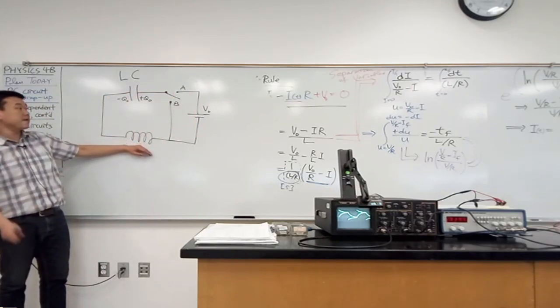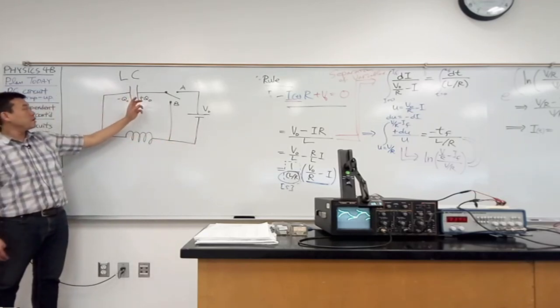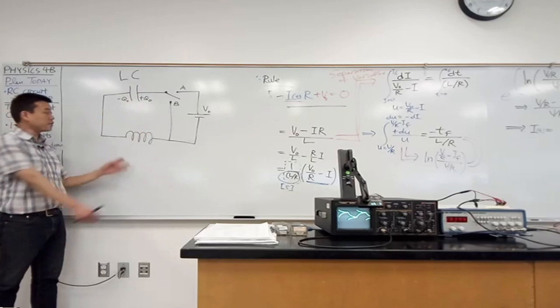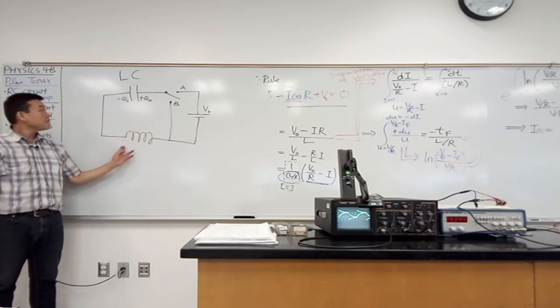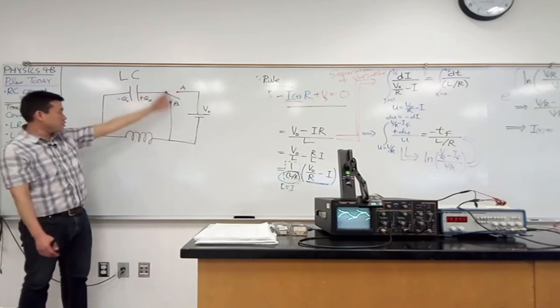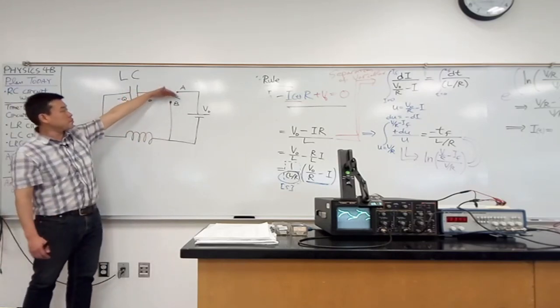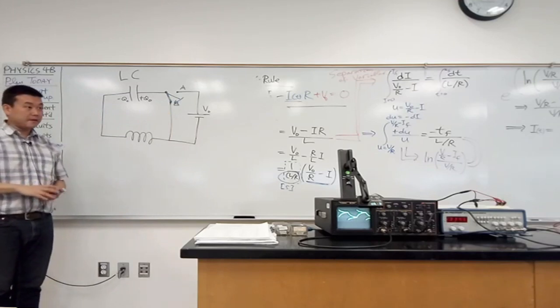But one thing I can say is when I'm done charging, so that there's no more current flowing through this whole thing, then the voltage drop across the inductor will be 0. Current is at 0 and not changing. So once this is all charged up, then with 0 current, I'm going to flip this over to B, and I'll tell you what happens.